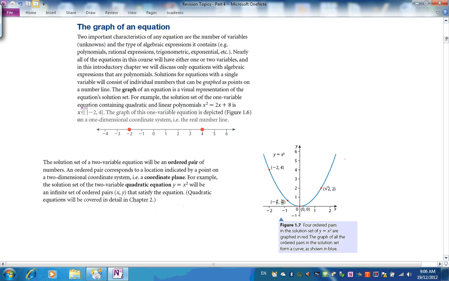Now, we can graph equations and graph the solution on a number line. Let's take this one here. x squared equals 2x plus 8. This equation comes to x squared take 2x take 8 equals 0, doesn't it? Moving all terms across to the left hand side.